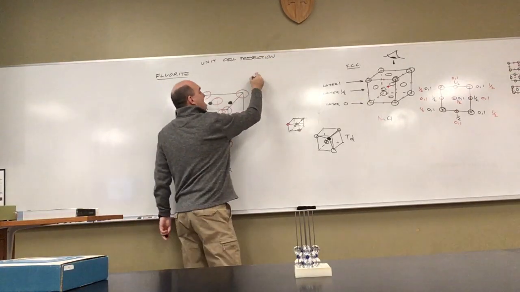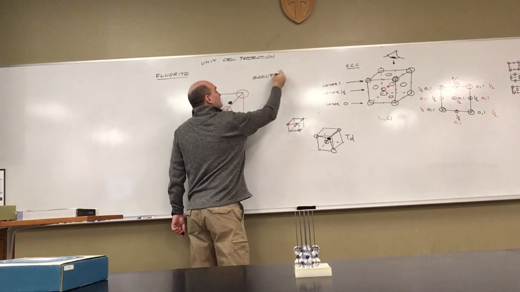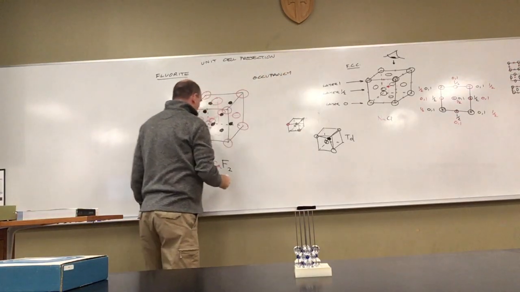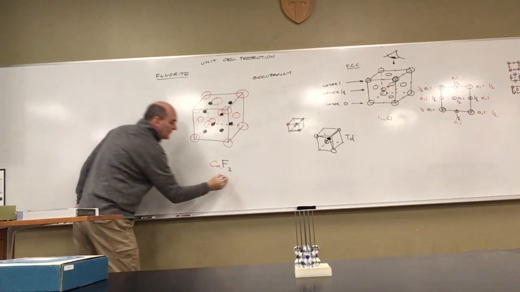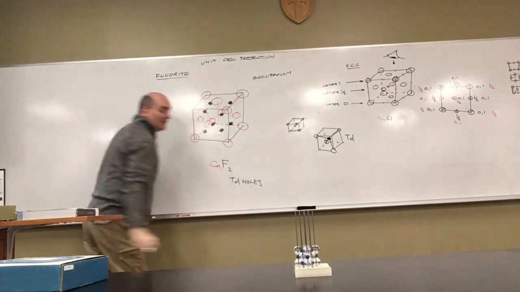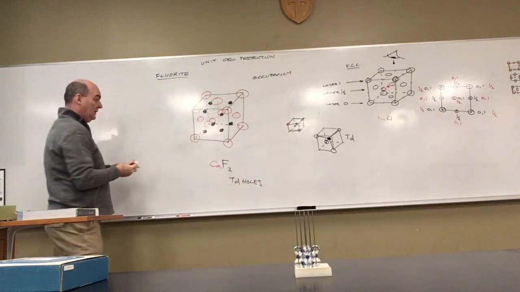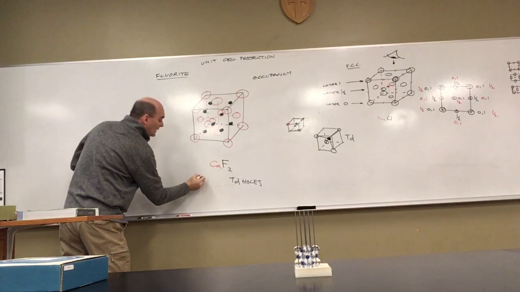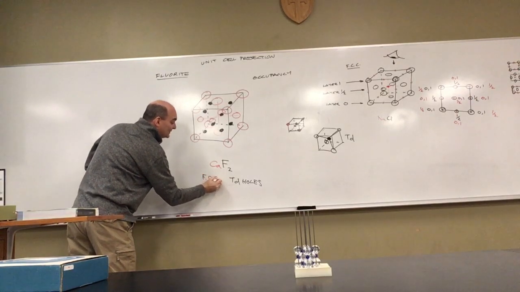Okay? So, the fluorides are in the tetrahedral holes, and the calcium makes a face-centered cube.